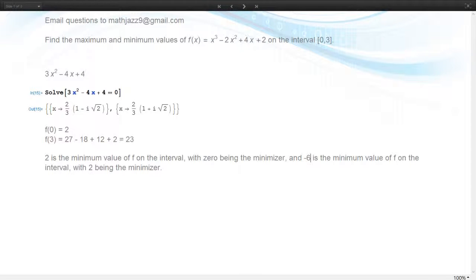And 23 is the maximum value, with 3 being the maximizer. Okay.